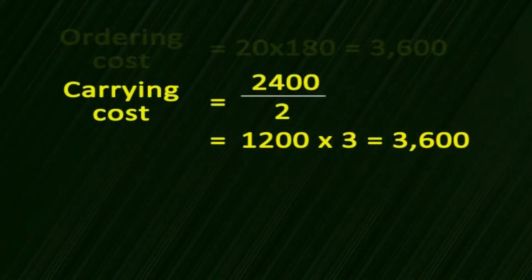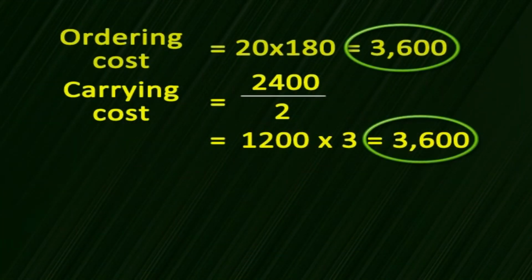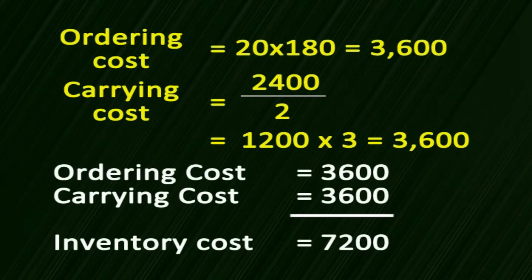So it's coming as 3600. Now our ordering cost is 3600 and carrying cost is also 3600. So total cost at EOQ is 7200. It serves our purpose that at EOQ both ordering cost and carrying cost are equal.